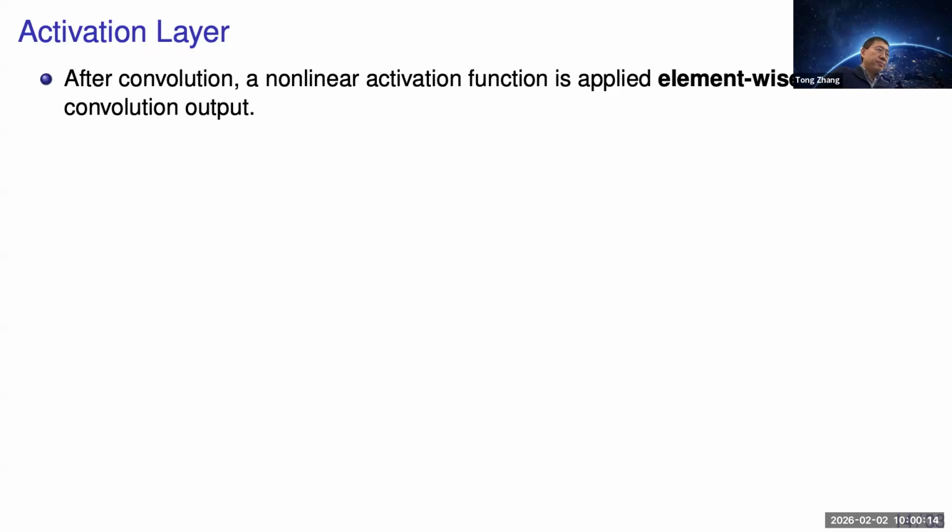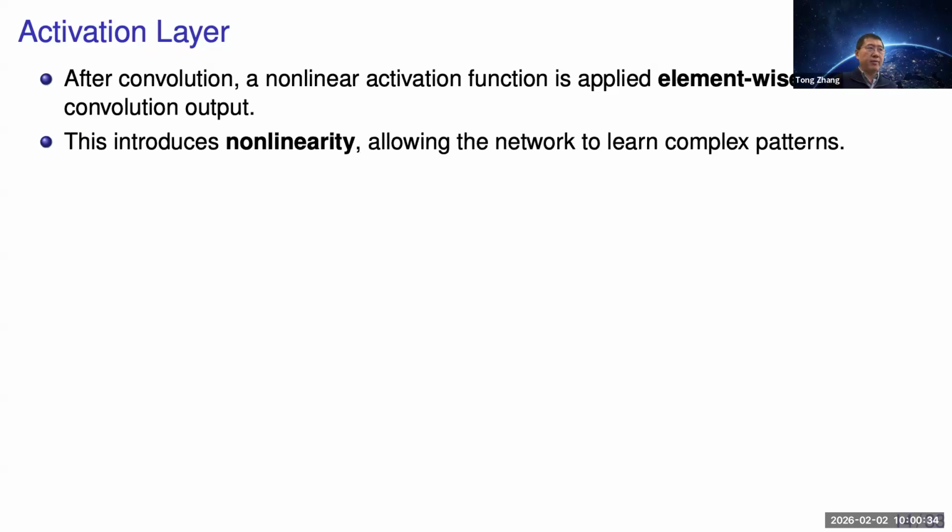So the activation layer. After that, we do activation, which is really just a nonlinearity. For a lot of neural net design, and I will comment on this later for transformers and so on, all the nonlinearity is somehow simple.